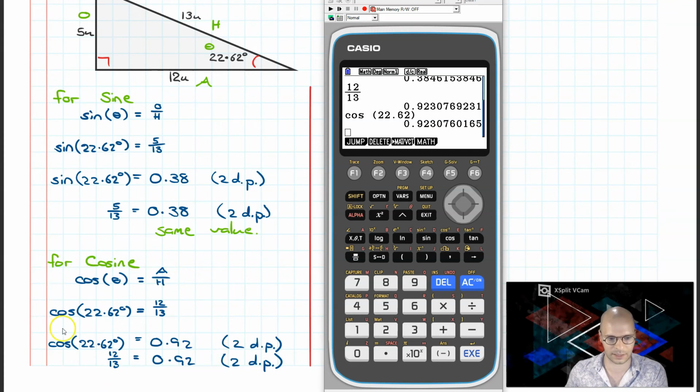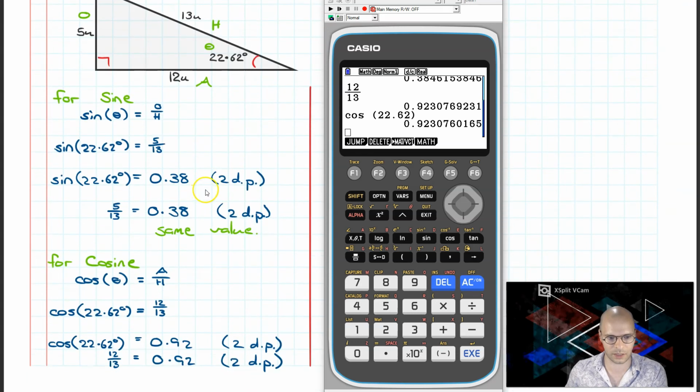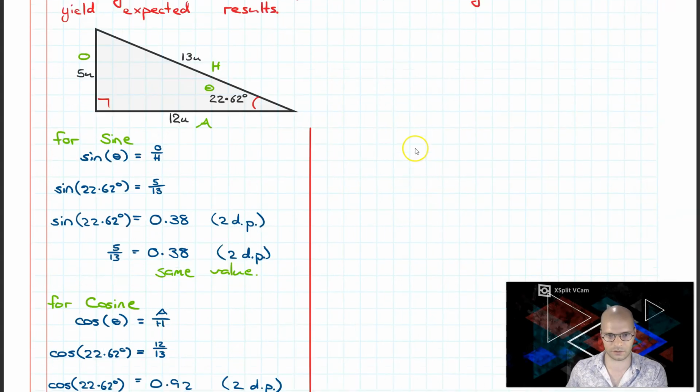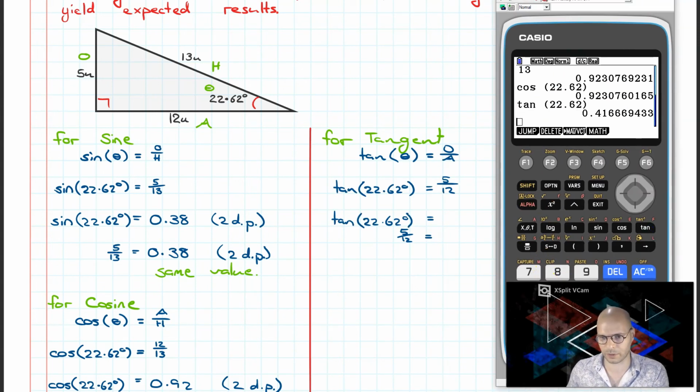So what we can see here is that the dimensions given in this triangle work, and we verify that using this ratio and function together. And finally, if we do this with tangent, we're going to expect to see the same result when we go 5 over 12. And lo and behold, they're exactly the same, albeit expressed to different significant figures, so 0.42.